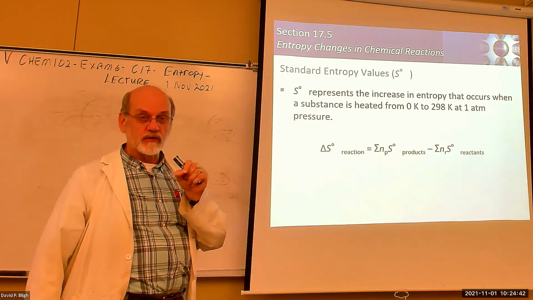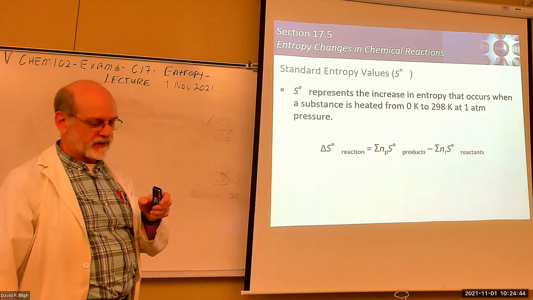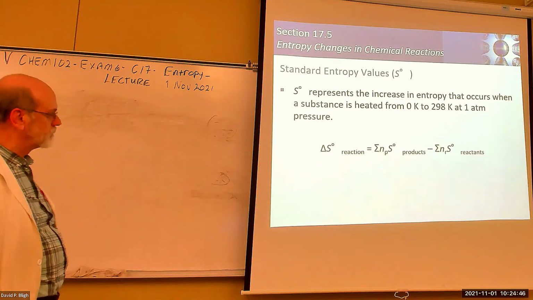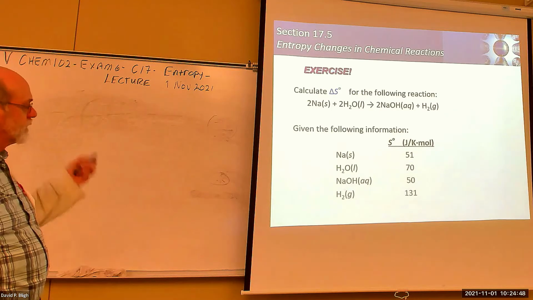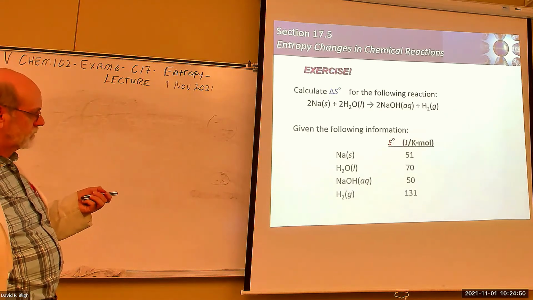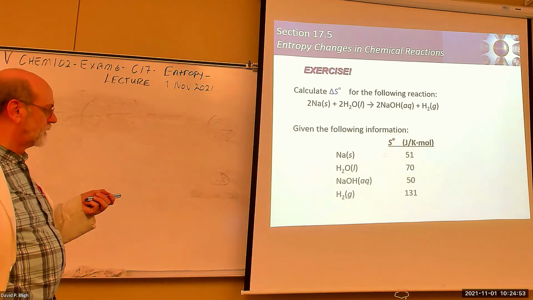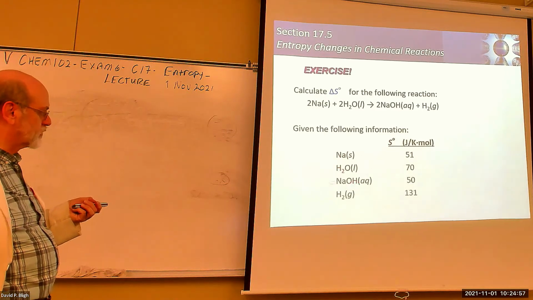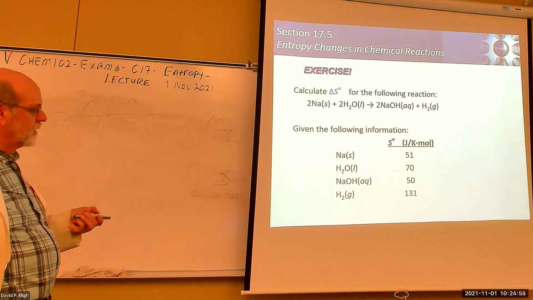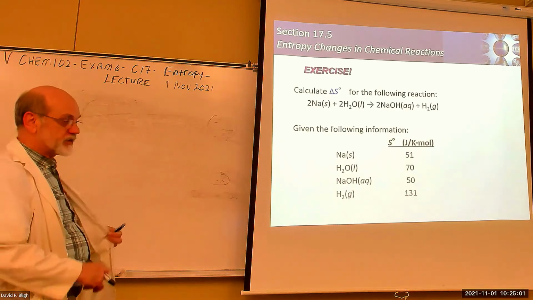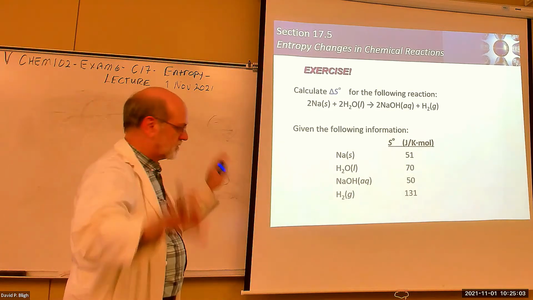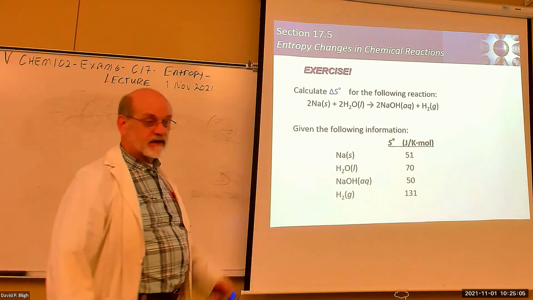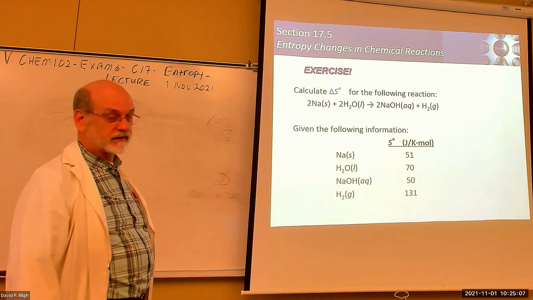That's always 0. So that's our reference point for enthalpies. But everything has an entropy, a standard entropy. So this sodium solid has an entropy, water has an entropy, sodium hydroxide. So I guess at this point, we just take it on faith. Okay.